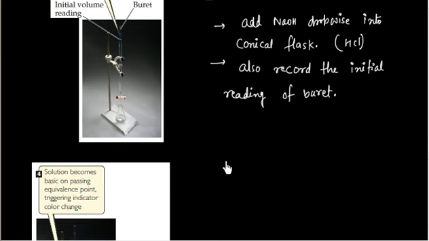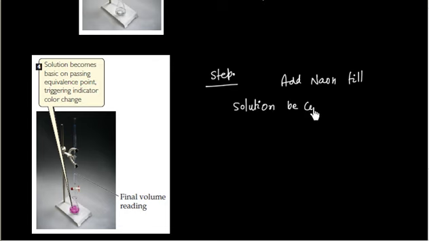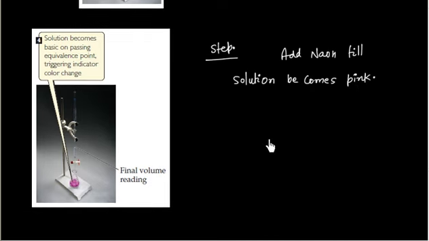And then finally, if you keep adding, a time will come when the solution will become pink. This point is called the equivalence point. So step 4: add NaOH till the solution becomes pink. Once the solution becomes pink, you note down the final reading of the burette.